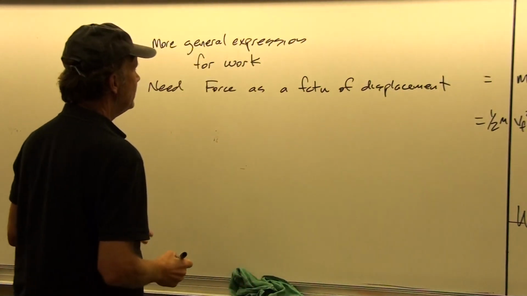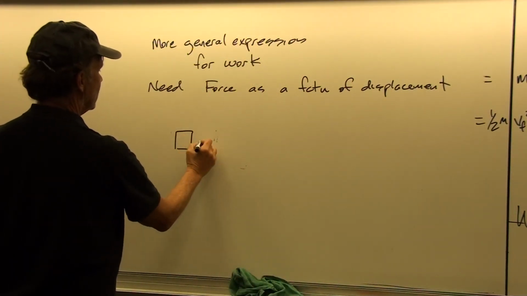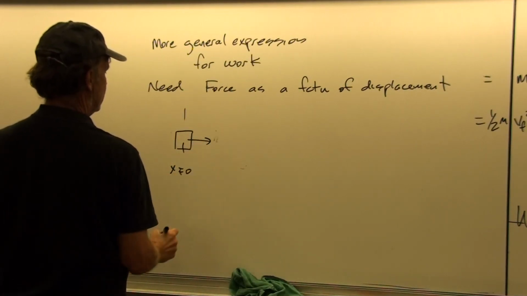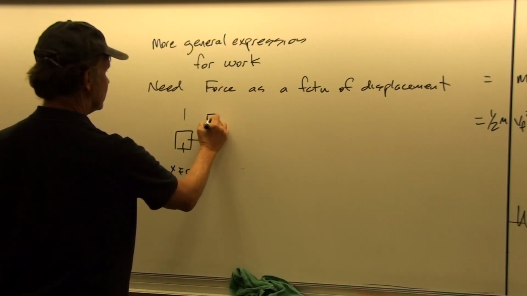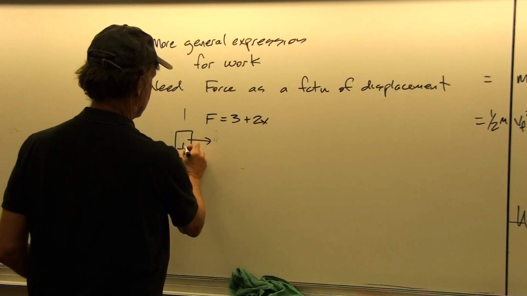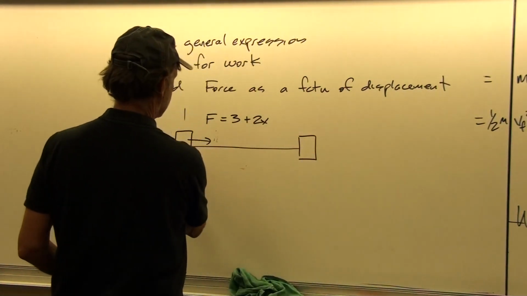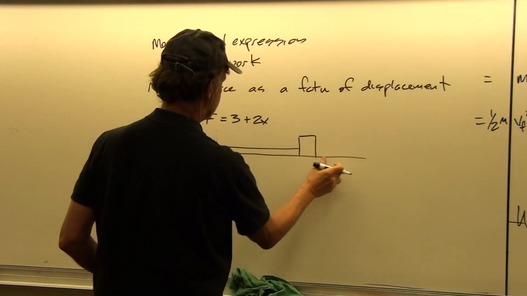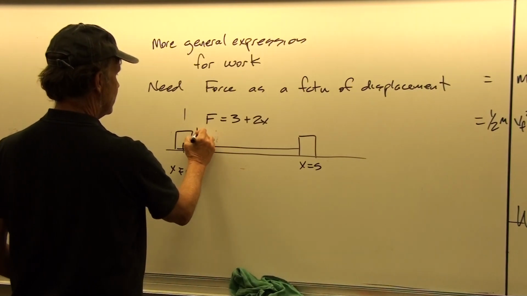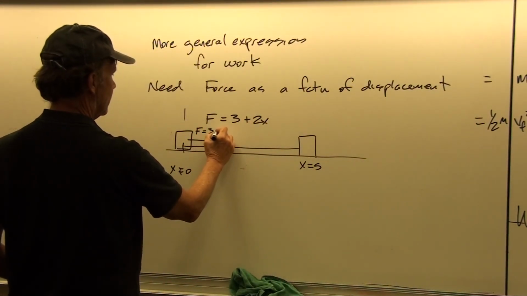So the force will not be a function of time, but rather will be a function of where we are. So for example, here, we could say this is x equals 0, and we could say that our force is equal to 3 plus 2x, where as we go through greater and greater x displacements, say here this is x equals 5, the force here would be 3 plus 2 times 0, or 3 newtons.